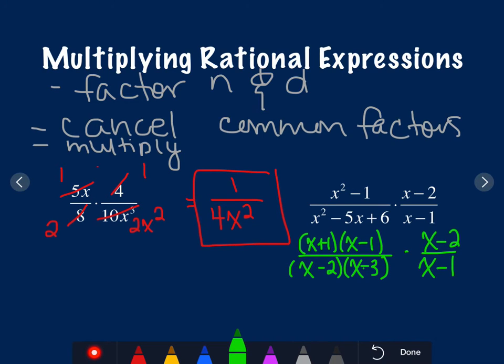Again, I look within the fraction itself. If I don't see anything, I can cancel diagonally. So the x minus 1s are going to cancel. The x minus 2s are going to cancel. So what are we left with? X plus 1 times 1 is x plus 1. X minus 3 times 1 is x minus 3.